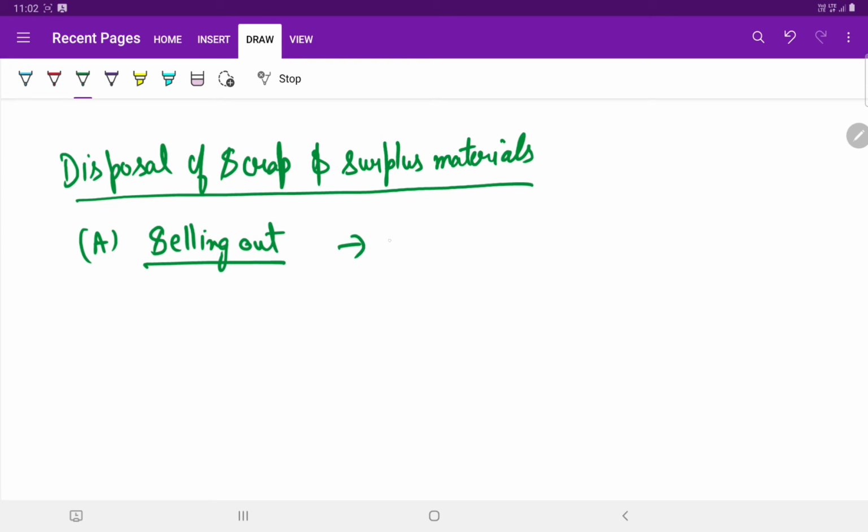Under this category, the surplus and scrap materials that cannot be recycled are sold. Now the second method is recycling.